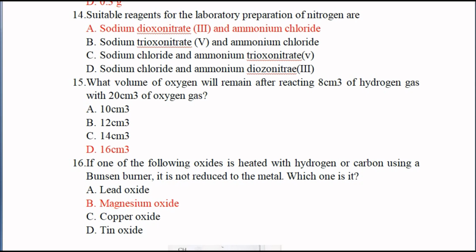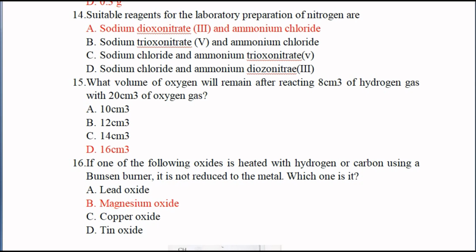15. What volume of oxygen will remain after reacting 8 cm³ of hydrogen gas with 20 cm³ of oxygen gas? When you write the basic equation of reaction, look at the number of moles in front of each element.